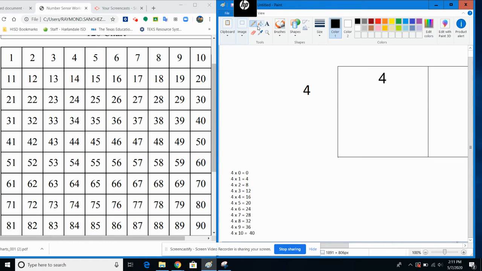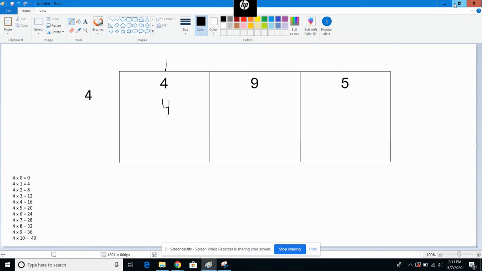So I'm going to put my 1 in the hundreds place. 4 times 1 equals 4. So 4 subtract 4, remember you're going to subtract, gives you 0.